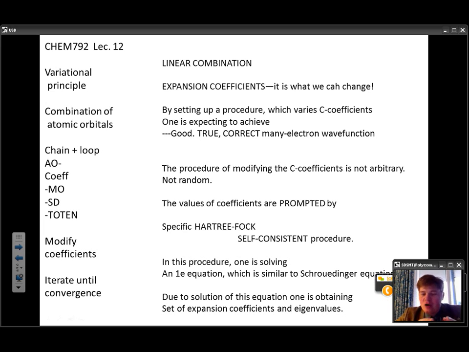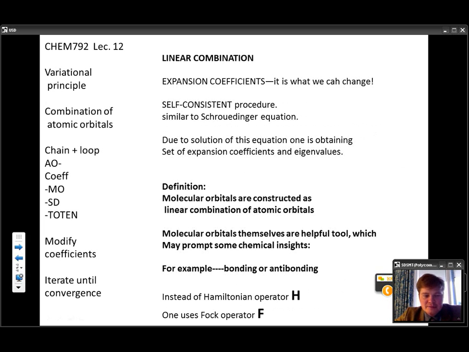So we will be formulating questions on how to find those C coefficients. Now I'm going to the next slide. Through this procedure, we are getting the coefficients and molecular orbitals. And as we go, we will find that molecular orbitals are helpful by themselves.